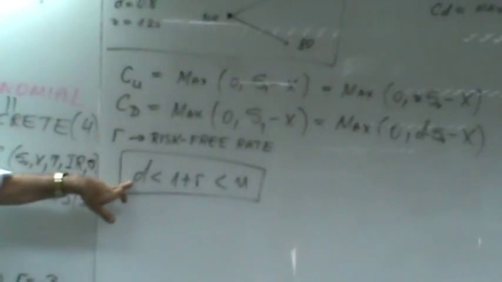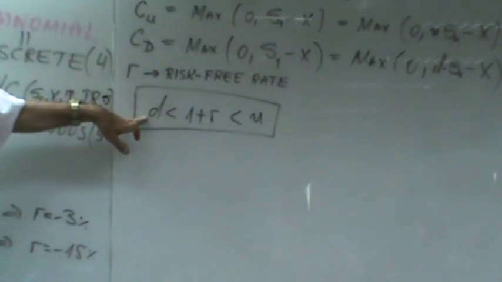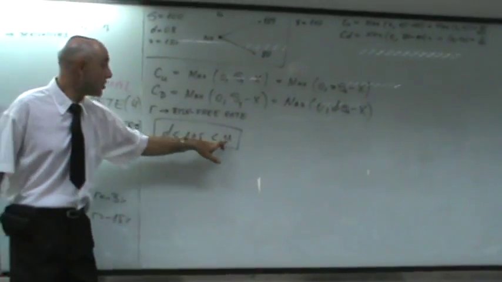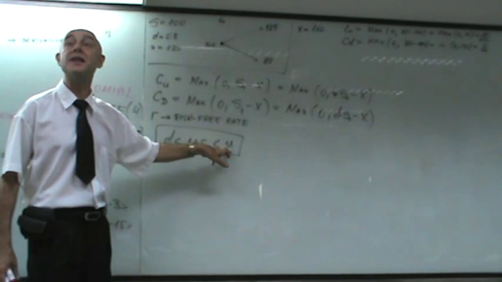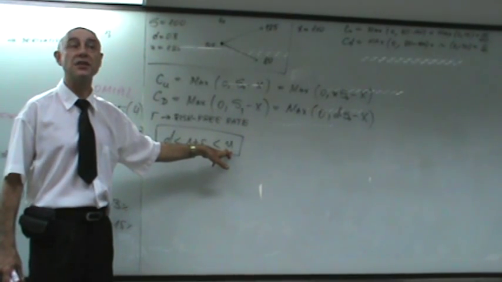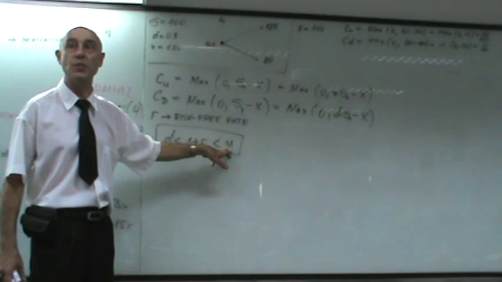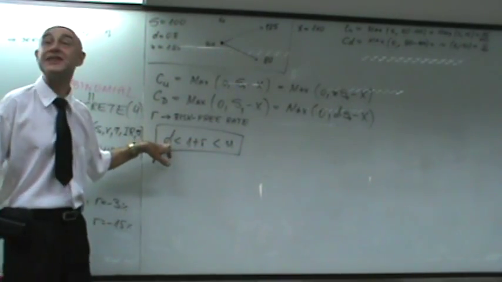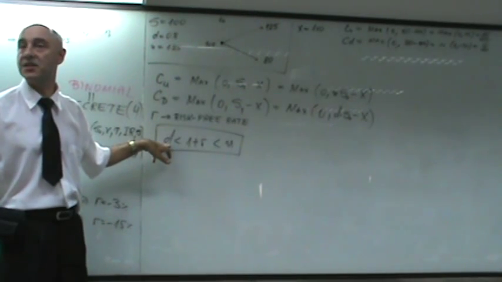So the return on the downside has to be less than the risk-free rate, and the return on the upside must be higher than the risk-free rate, whatever it is. The D does not have to be a negative return.